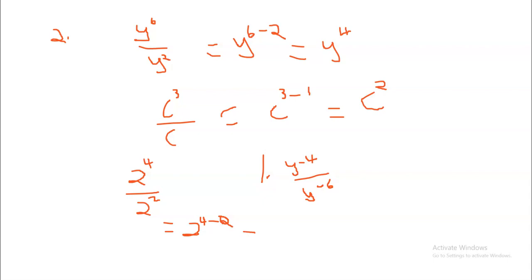So our answer will be 2 to the power of 2. Again, you can test in the calculator and see if that will give you the same answer. 2 to the power of 2, we know it's 4. So test in the calculator and see if you divide this whole number as it is, will it give you 4? Because it's supposed to give you 4 based on the second rule.